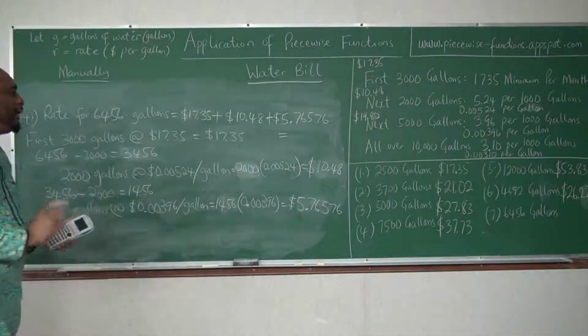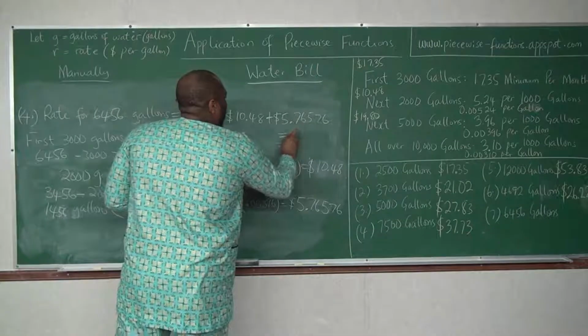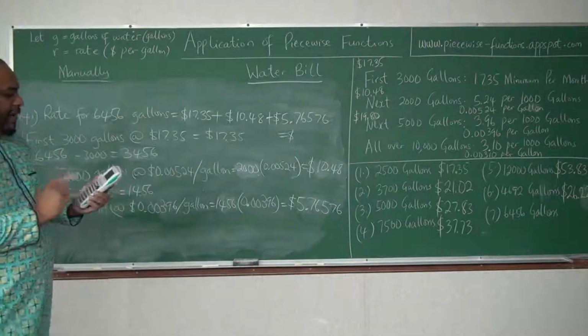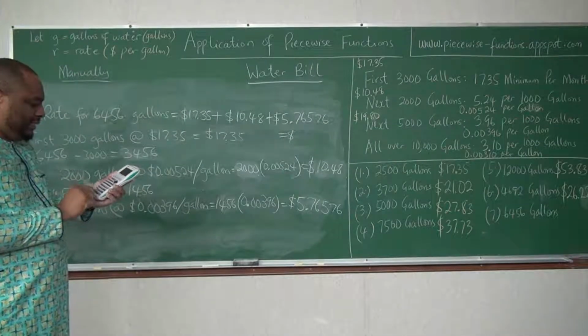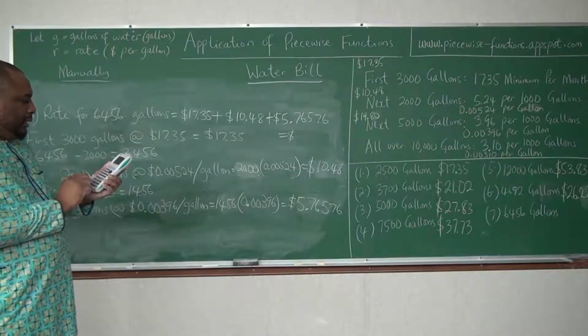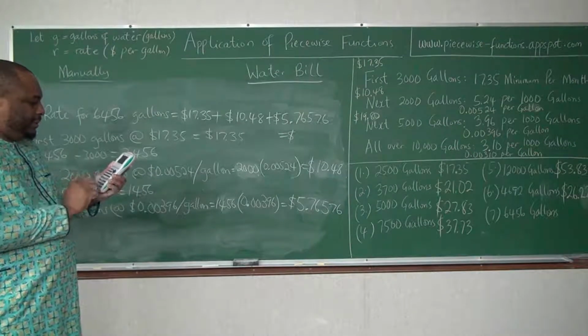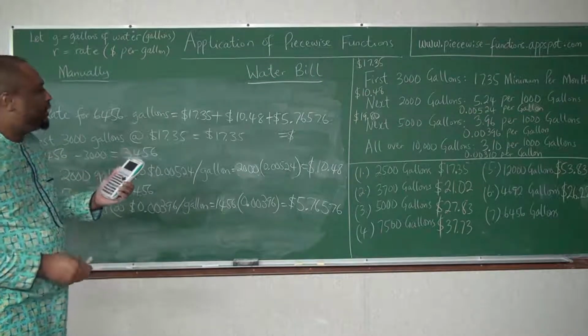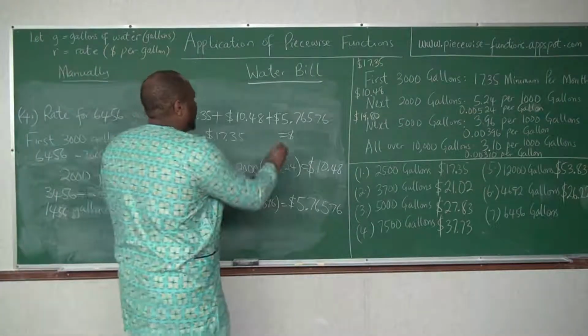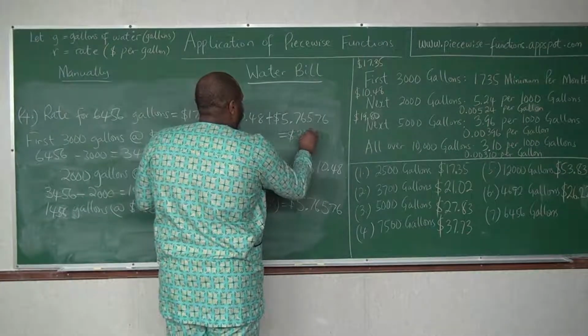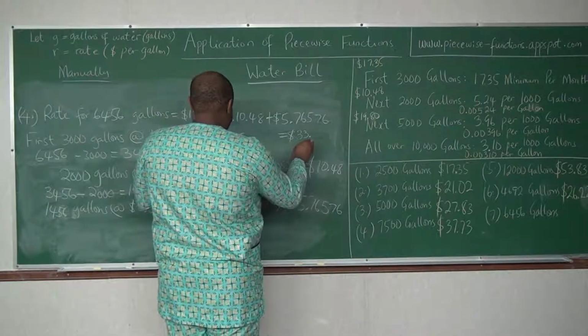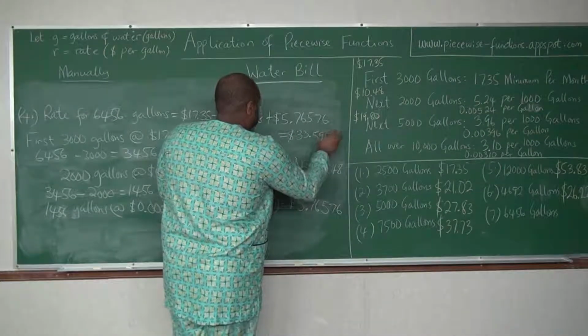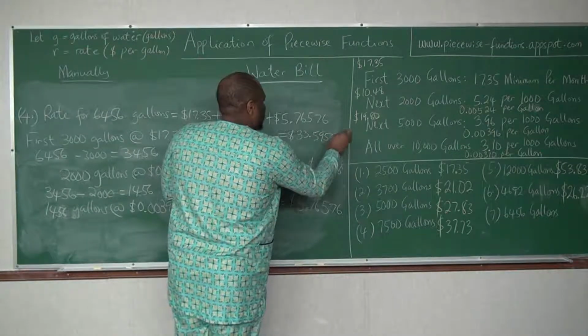So now, if you add the whole thing, 5.76576 plus 10.48 plus 17.35, this is 33.59576.